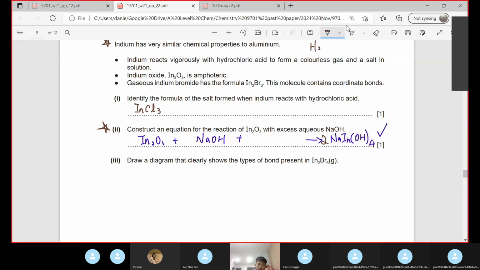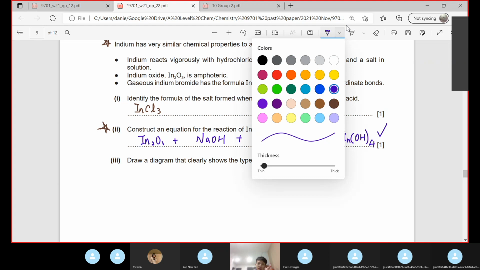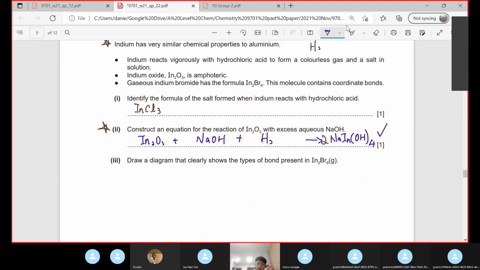Hydrogen we have 4 as well. It is impossible to balance H and O together, so we add another H2O here, because we want to balance the O and the H. If we didn't add the H2O, the O and H could never balance.